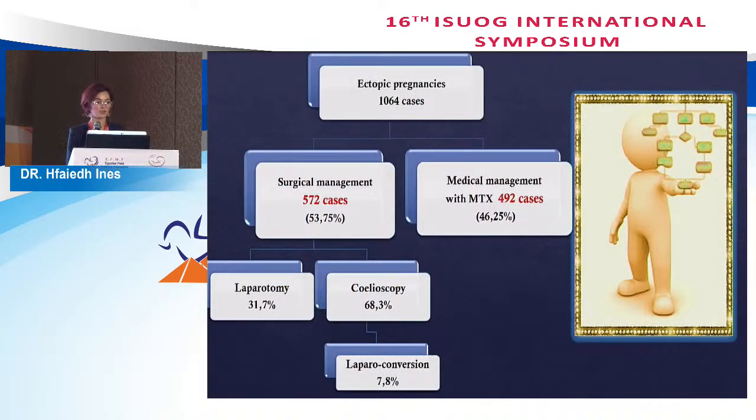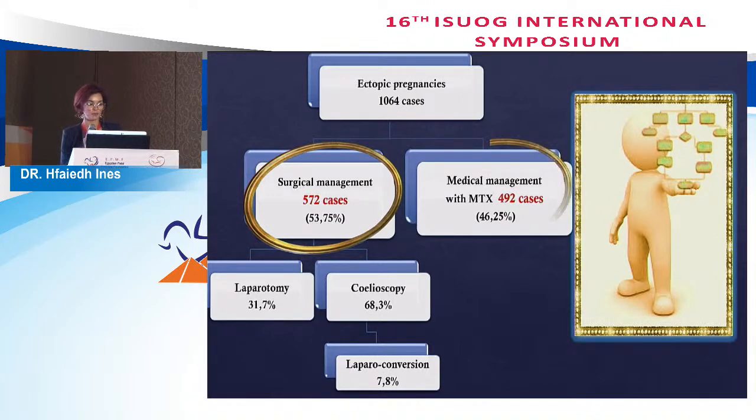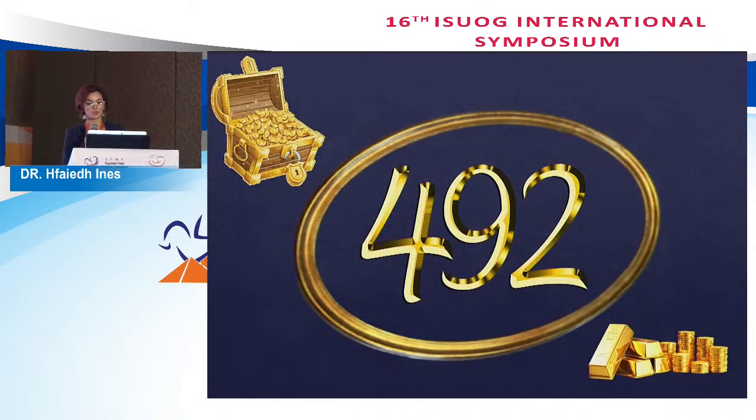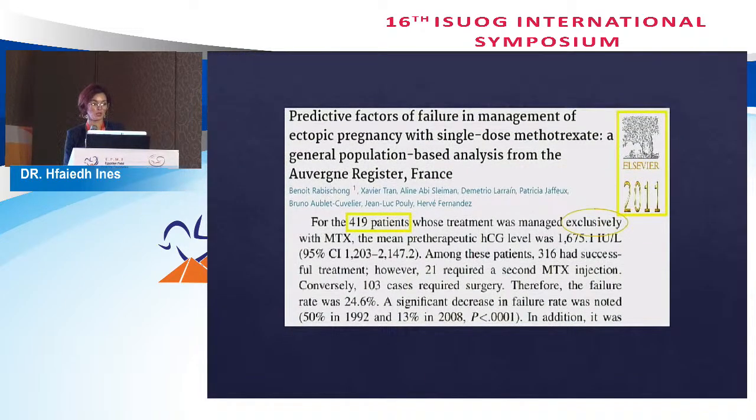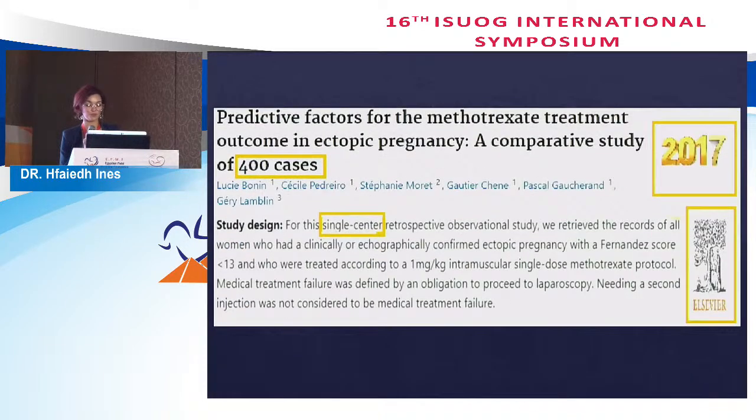For ectopic pregnancy, surgical management was done for 572 patients, and medical management for 492 patients. So it's a huge cohort of patients who had medical management, and it's the third study published with this number of cases after these two previous studies.